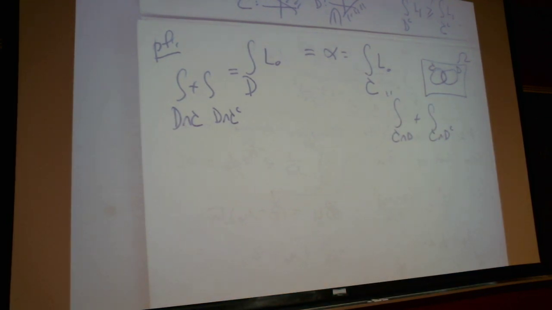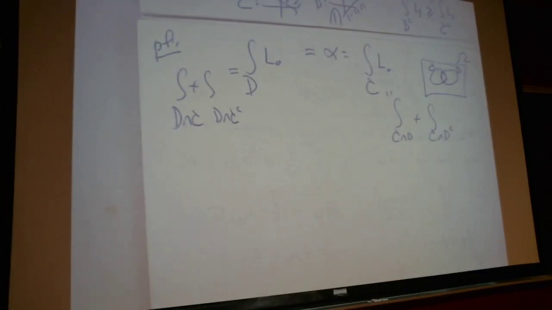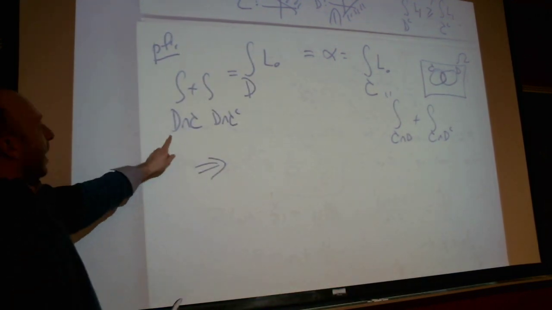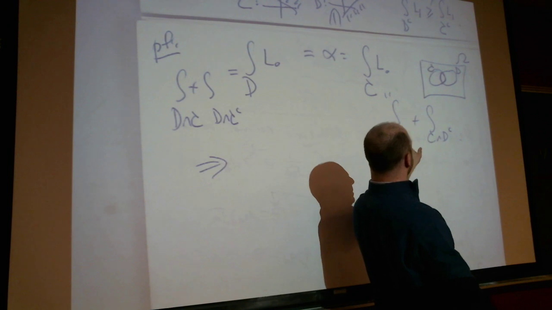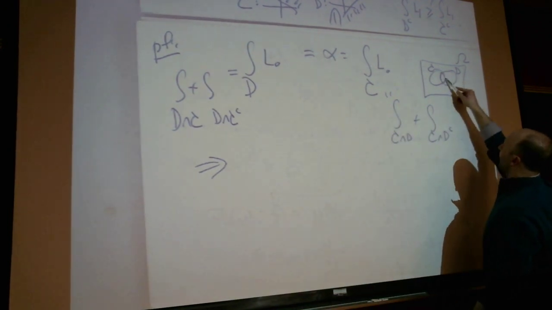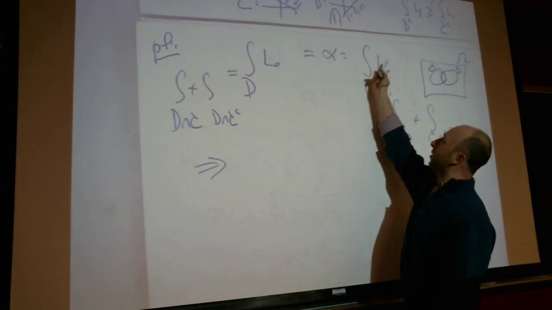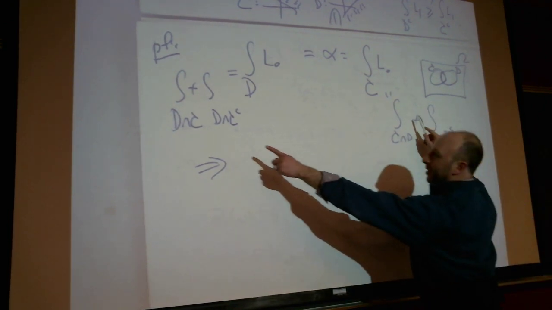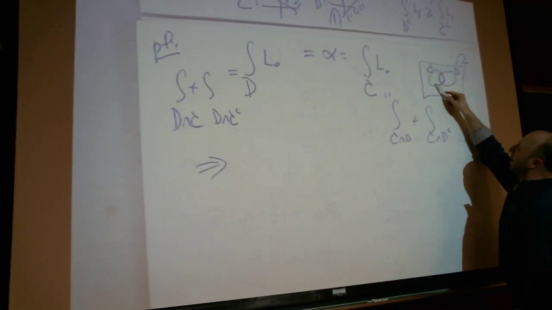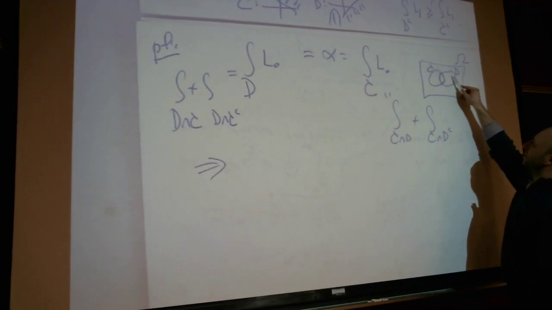And the thing that I'm integrating in both cases is the same, it's L0. But I have an integral of D intersect C of L0 on the left side, and I have an integral of D intersect C of L0 on the right side. In other words, this integral is the same, because in both cases we're assuming the null hypothesis, so we're integrating over the likelihood of the null hypothesis, L0, which means that I can cancel this from both sides, and I'm left with the fact that the integral on this little loon, which is C intersect D complement, is the same as the integral on this loon, which is D intersect C complement.